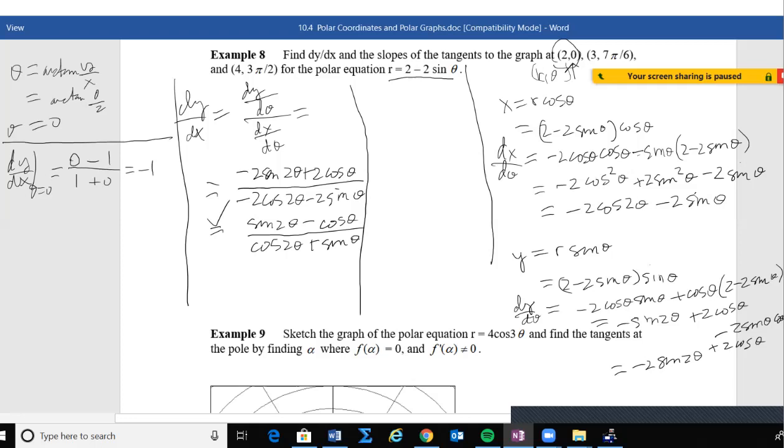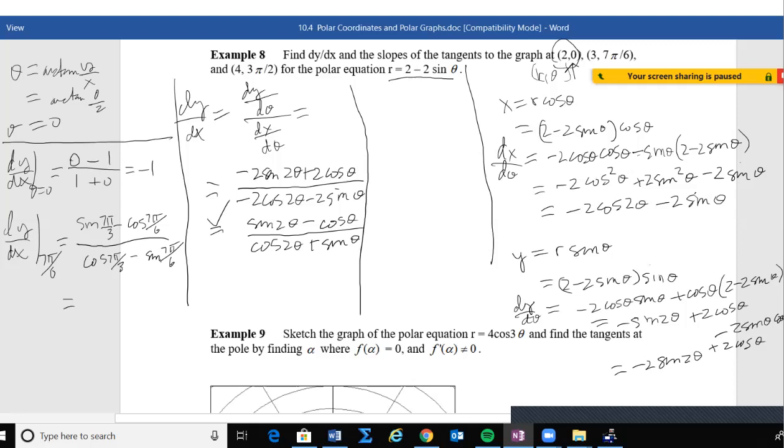Now at this point, 7 pi over 6 will become sine of 7 pi over 3 minus cosine 7 pi over 6, over the cosine of 7 pi over 3 plus sine 7 pi over 6. I've got a little bit of work to do there.